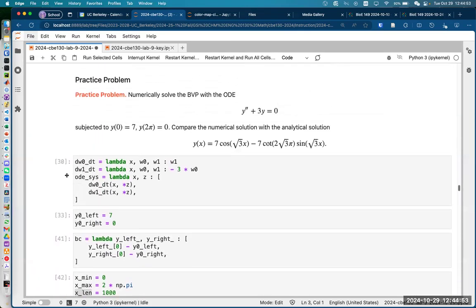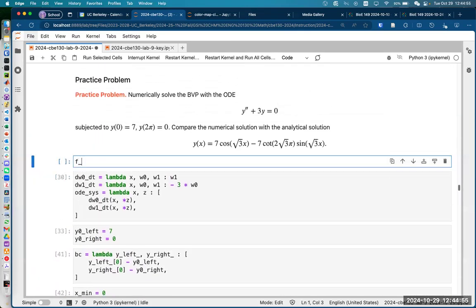And we can verify with the analytic solution. So f analytic is a lambda function of x, 7 times cosine of square root of 3 times x minus 7 times cotangent. We don't have a cotangent in Python, but we do have tangent.